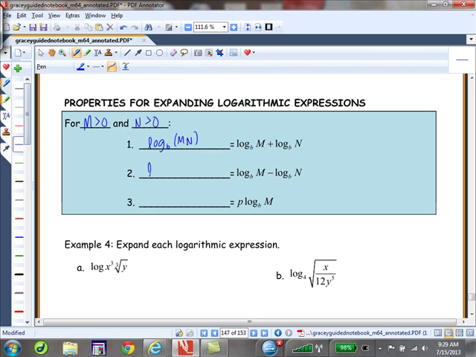And log base b of, what do I put here? Good. m divided by n is equal to the difference of the logs. And log base b of m raised to the p is equivalent to p times log base b of m.